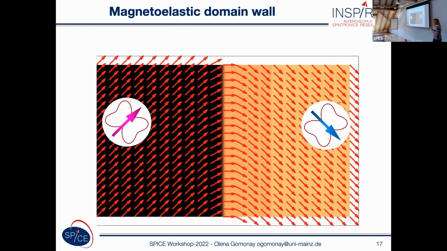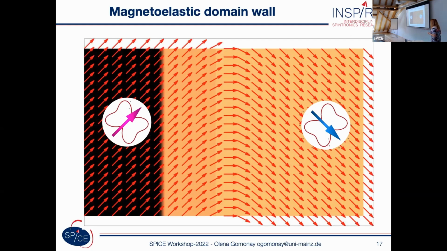If we try to move the domain wall in this case, the magnetic part of the system would react very fast and will move quite easily. However, deformation is very heavy and very slow, and it will stay as it was before the external stimulus.